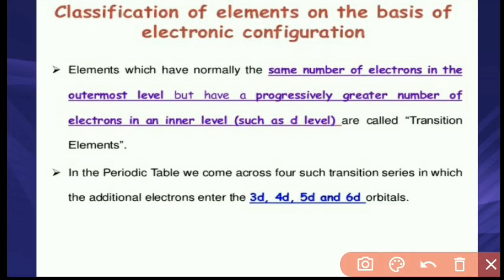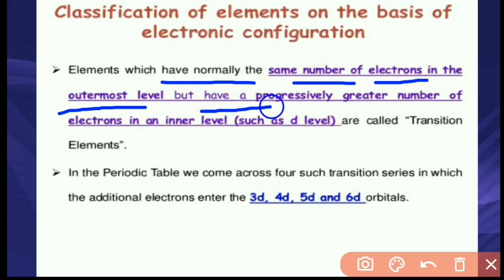I have already discussed d block elements period wise. In s and p block elements, the outermost level normally has the same number of electrons, but in d block elements the valence shell electrons have progressively greater numbers of electrons in an inner level, such as the d level.